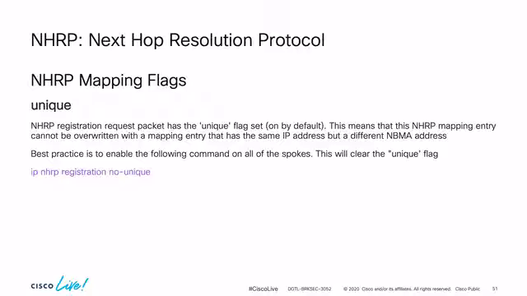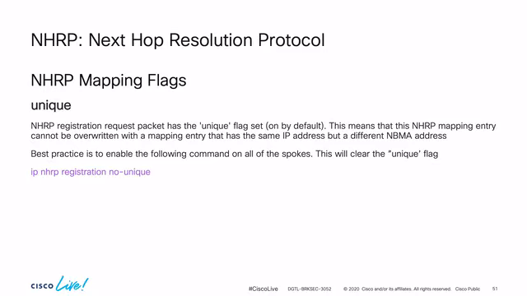When it sends out a registration request with information about the tunnel IP address and the NBMA address, the hub looks into its NHRP table and finds an entry for this spoke with a different, old NBMA address.